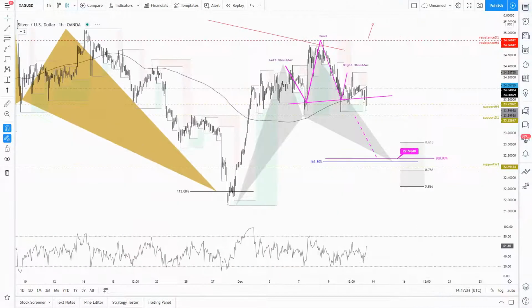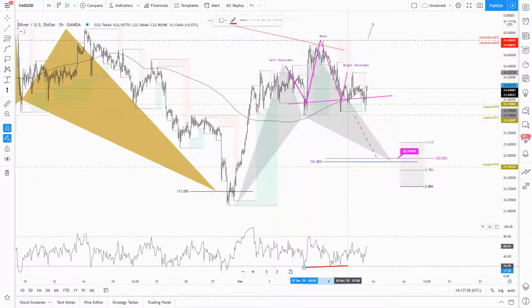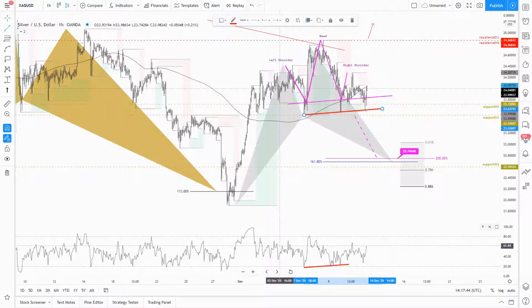The same for silver. Silver is also trading above the 200 moving average. But in this case, actually, silver didn't offer bullish hidden divergence. We have a clear structure for silver also. Nice support. In fact, RSI is also offering nice structure here.